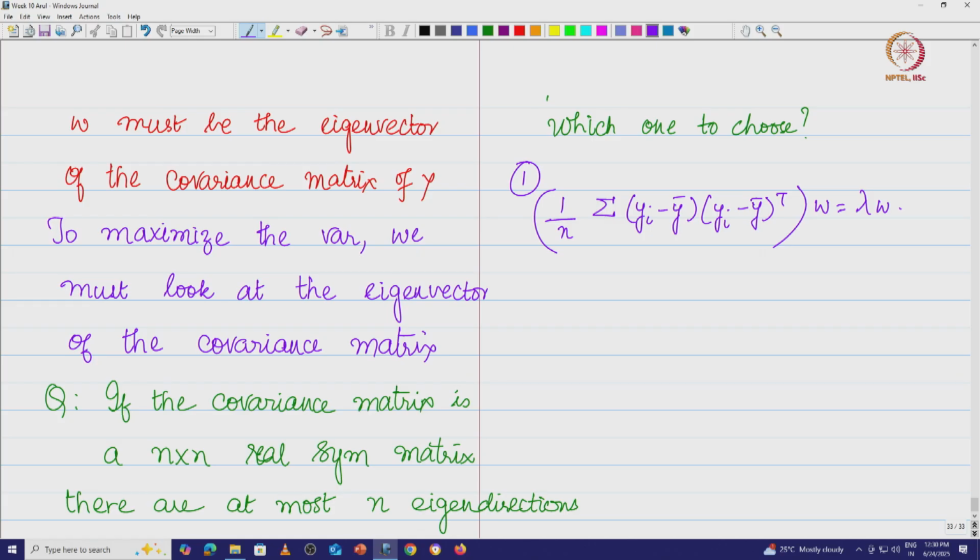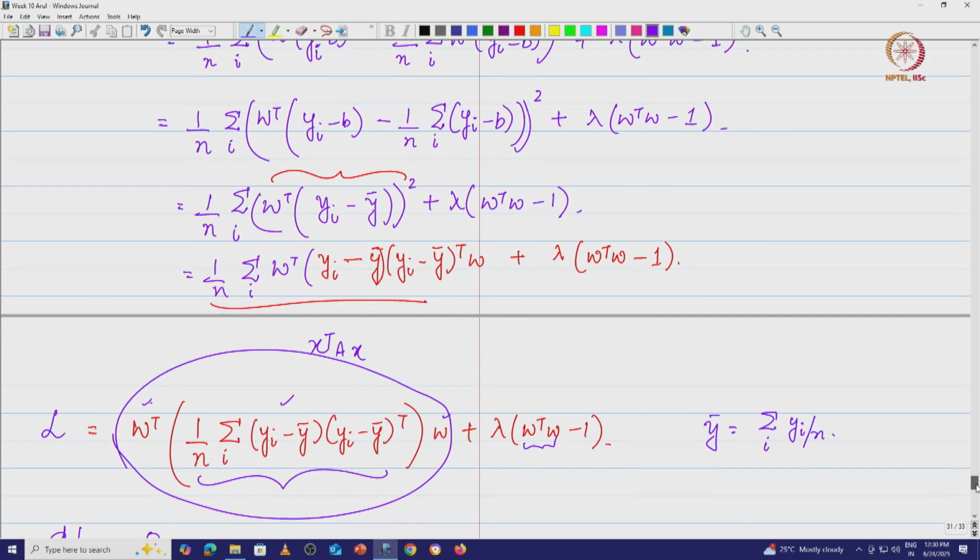So, substituting this in the Lagrangian, we get L. What was L?